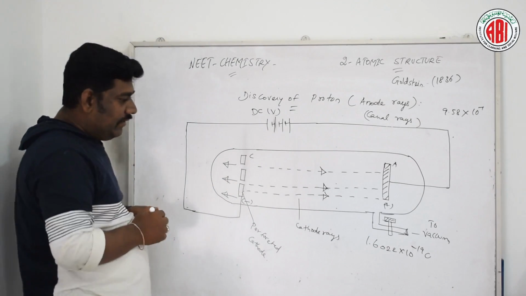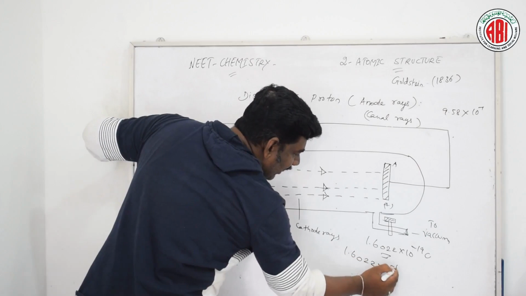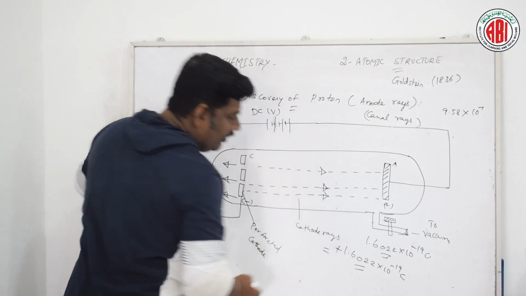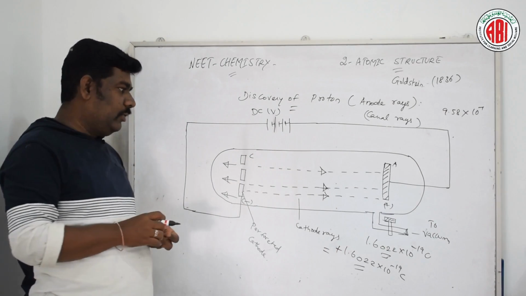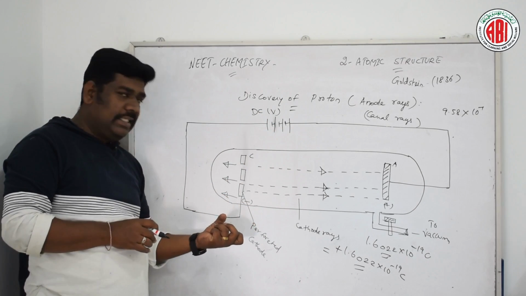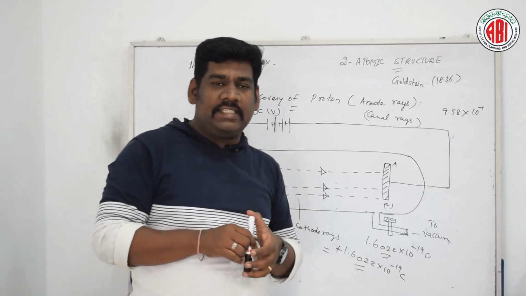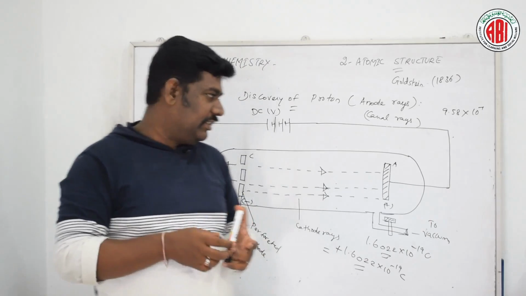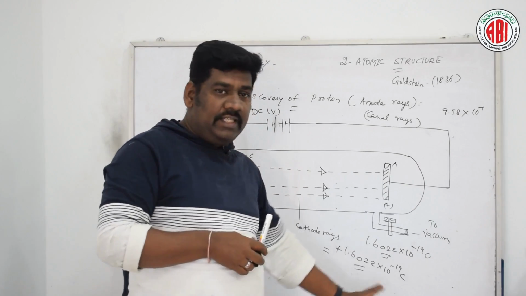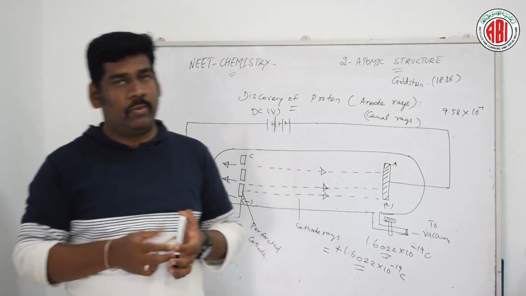That is the reason the value is given a plus sign: the particles present in the anode rays, or canal rays, are positively charged particles, carrying one unit of positive charge. So these rays have a charge of 1.6022 × 10^-19 coulomb.